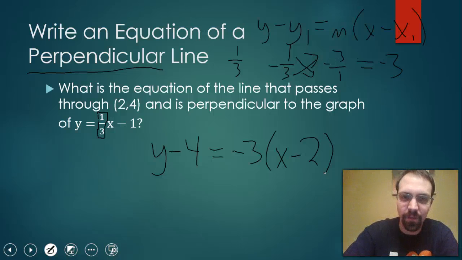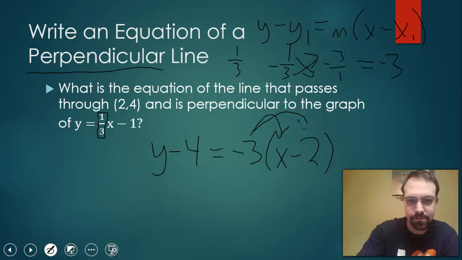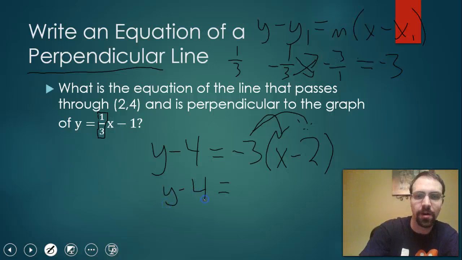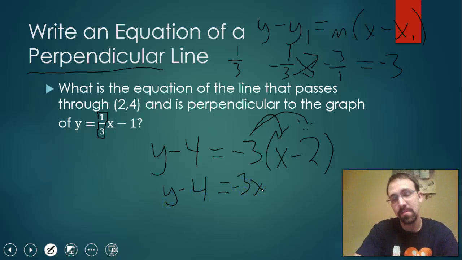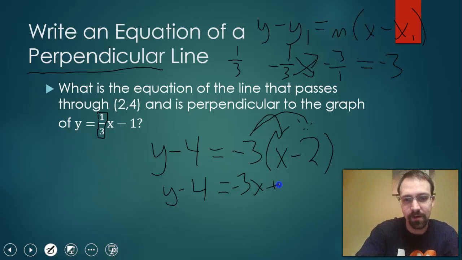All right, let's simplify this out because I want it in slope-intercept form. So we are going to distribute. Let's bring down the left side because you're not doing anything with that. y minus 4 equals -3 times x is -3x. -3 times -2. Remember, negative times negative is a positive. So 3 times 2 is 6, so plus 6.